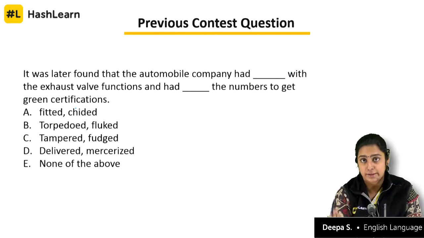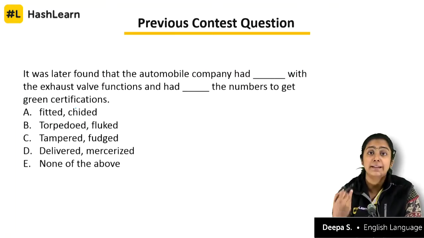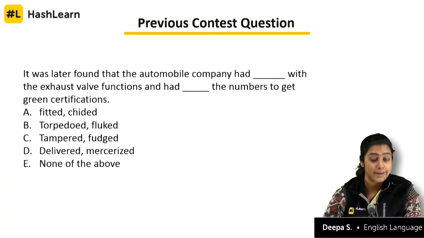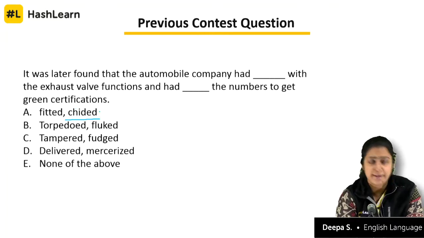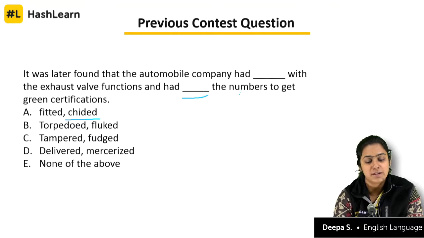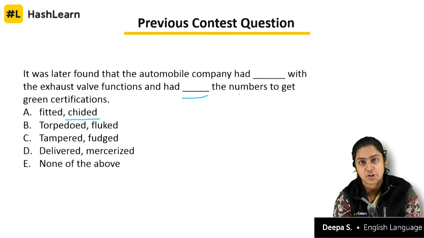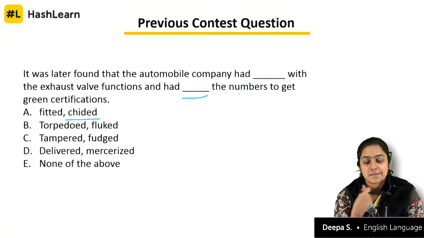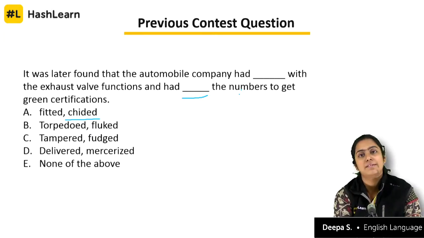We are, on the other hand, looking for verbs in the past tense. Chided means scold. Now you can't scold numbers to get green certification, right? You are typically looking at something that means someone has manipulated numbers to get certain certifications.